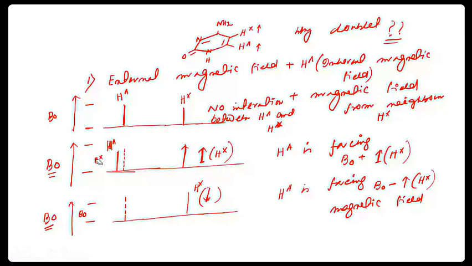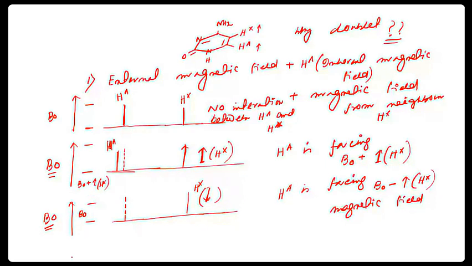So this splitting is because of the component B0 plus this contribution, meaning aligned along the magnetic field of HX.